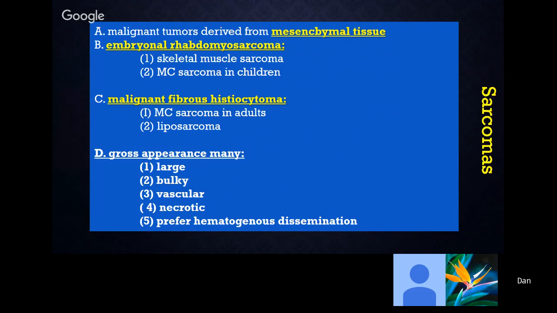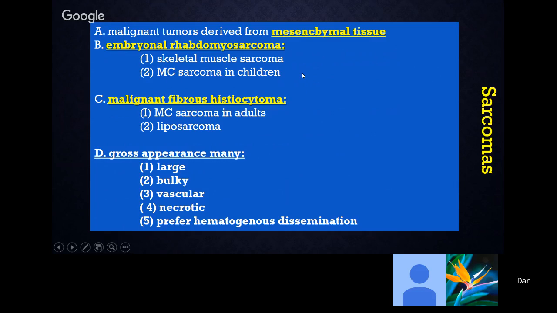Once again, you need to look at them as how they look like, and what is the different type. So for the mesenchymal, you're going to have the embryonal rhabdomyosarcoma. That is the most common sarcoma in kids.